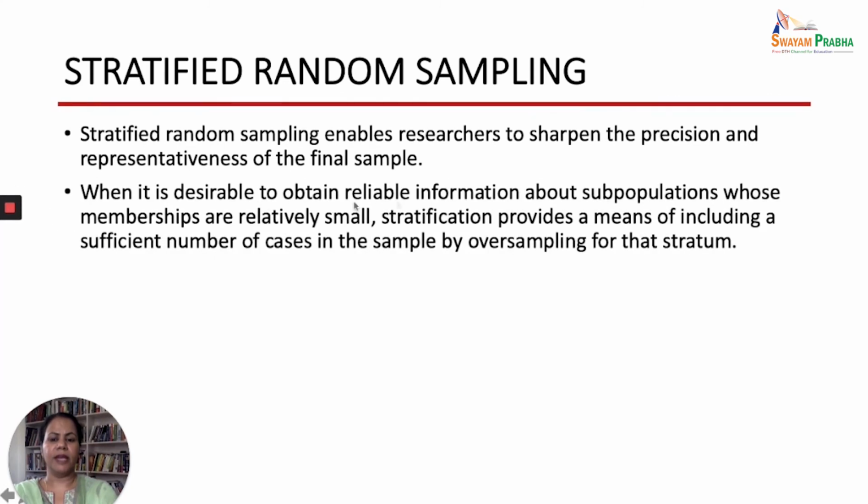When it is desirable to obtain reliable information about subpopulations whose memberships are relatively small, stratification provides a means of including a sufficient number of cases in the sample by oversampling for that stratum.